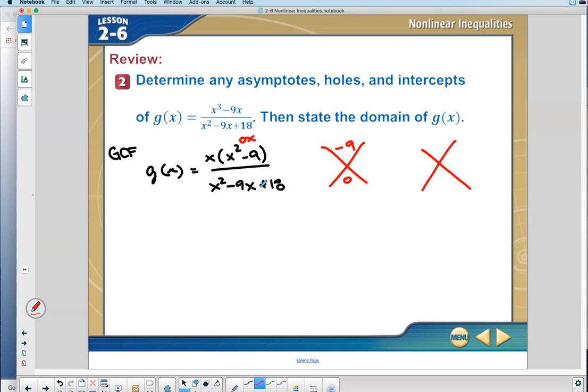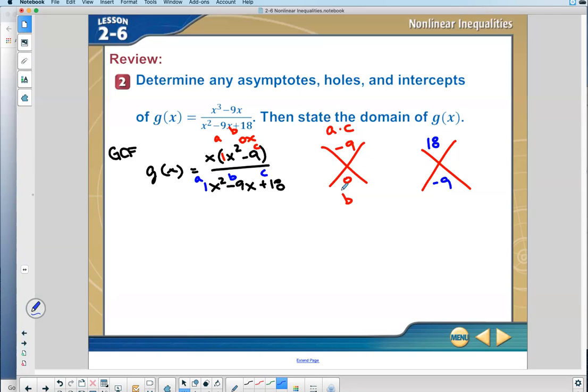And for my denominator, this is my a, b, and c. I'd have factors of 18 that add up to negative 9 there.